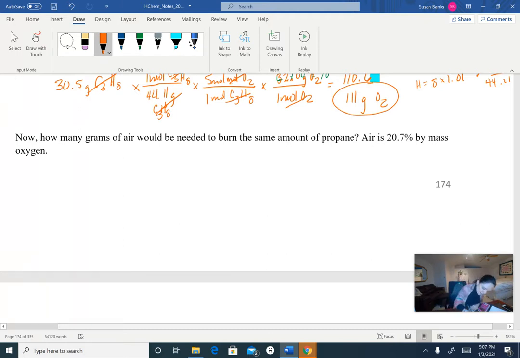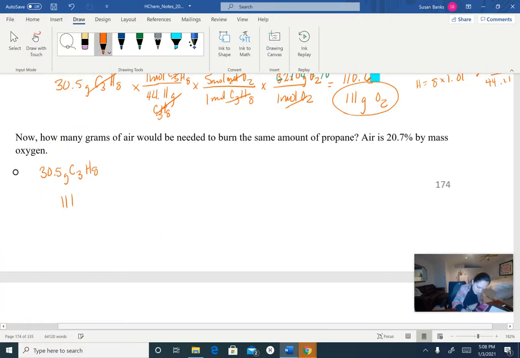So we're going to start out with my 30.5 grams of propane, and we're going to use that same balanced equation. Or we could just start off with our 111 grams of oxygen. Either way. Let's actually do the simple way.